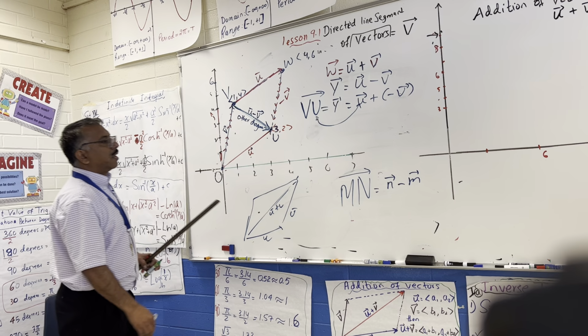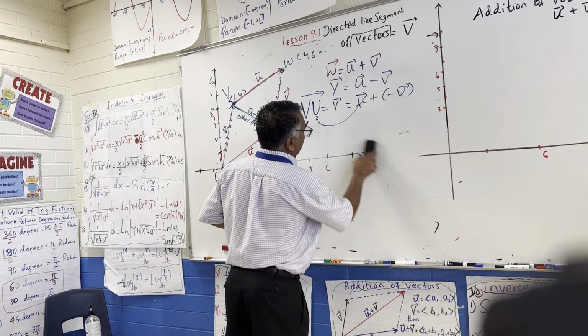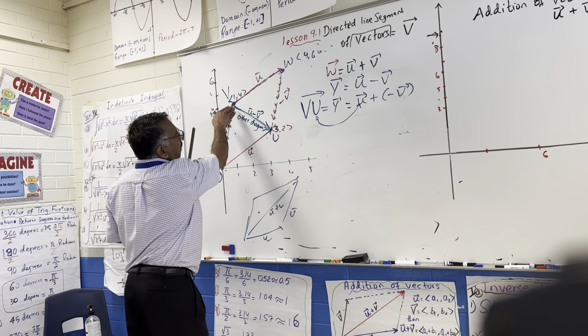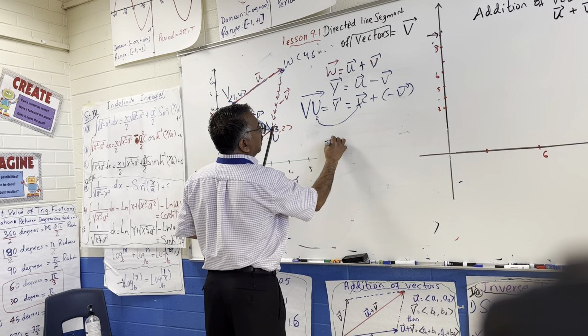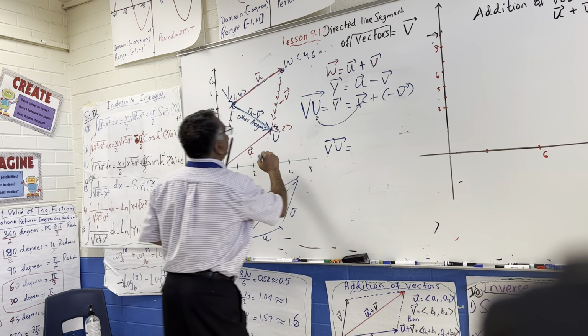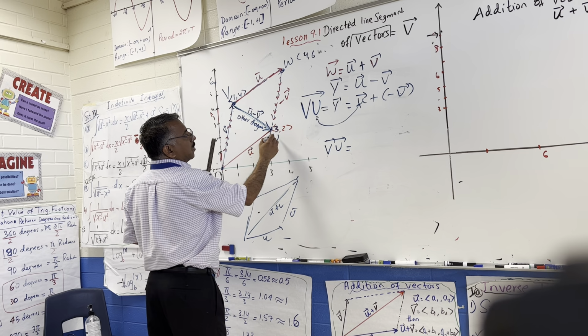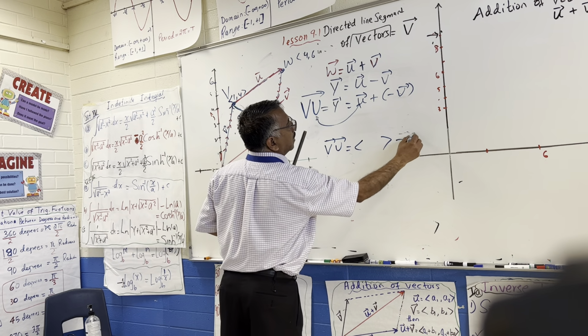I hope that helps. If I want to know what this vector is, let's say vu, the formula is u minus v. That's all you do.